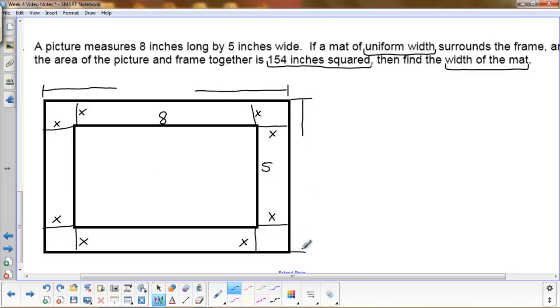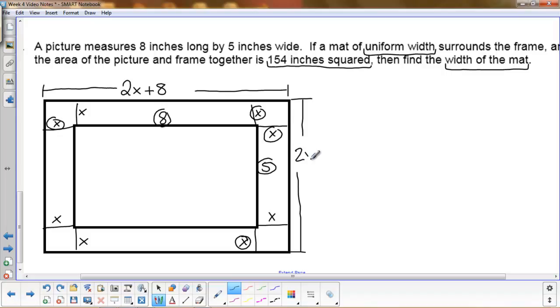So instead what we've got to do is figure out how long and how wide this picture is with the mat attached to it. So we're going to go ahead and measure from this edge to this edge. From here to here is x, from here to here is 8, and from here to here is x. So that means it's going to be 2x plus 8. Likewise, from here to here is x, from here to here is 5, and from here to here is also x.